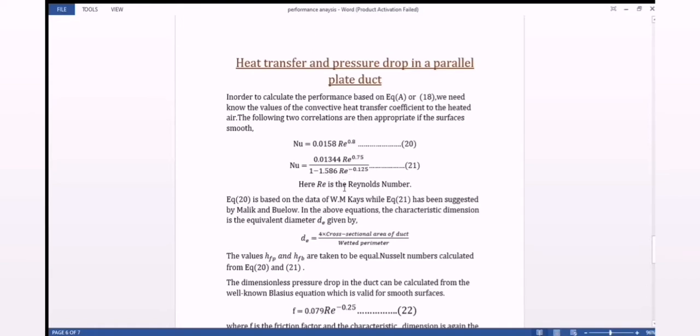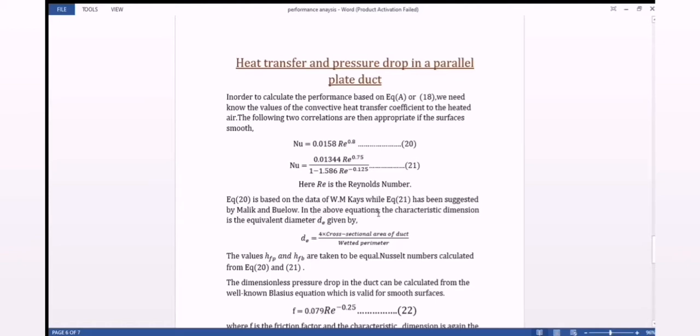Here Re is the Reynolds number and Nu is the Nusselt number. Equation 20 is based on the data, while equation 21 has been suggested by Malik and Buelow.